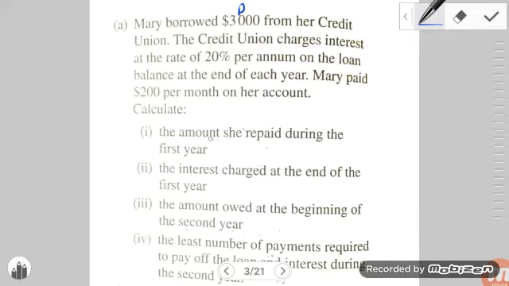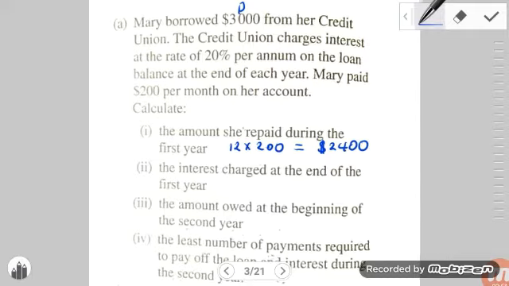So our job is to calculate the amount she repaid during the first year. That's going to be easy because 12 months make a year, and she's paying $200 per month. So that is 12 multiplied by 200, and that's going to be equal to $2,400. So for part 1, very straightforward. The amount she pays per month multiplied by the number of months that make 1 year gives us the amount of money that she would have repaid during the first year. So that's not very hard there.